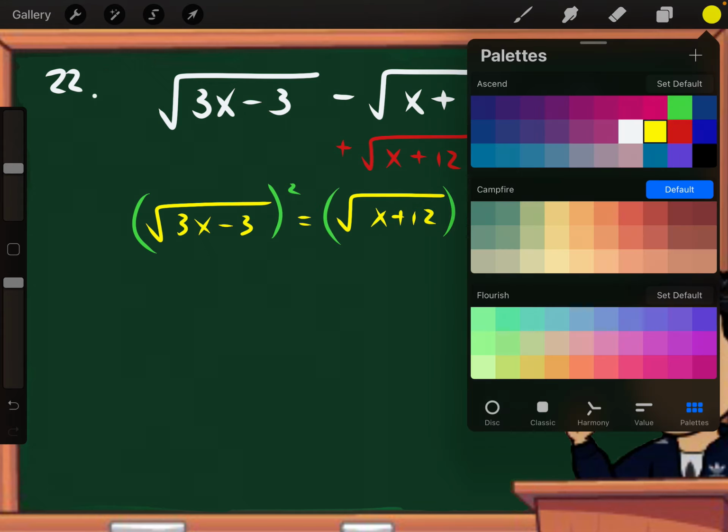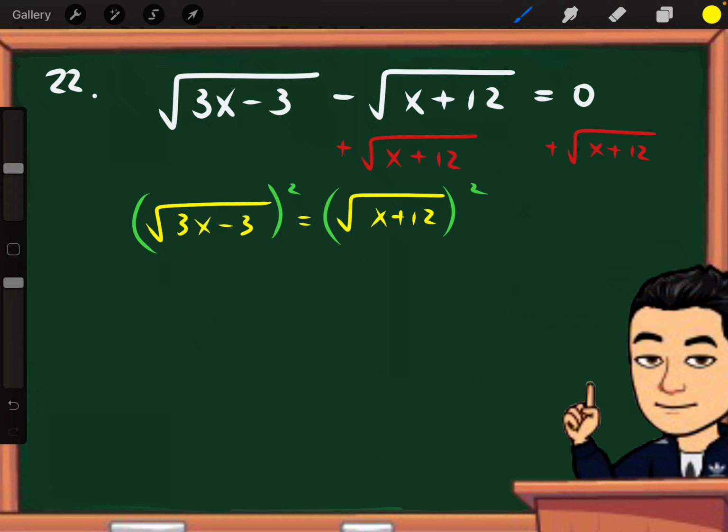Okay, so everything becomes a lot easier after this. You're going to get 3x minus 3 equals x plus 12. Okay, simple, right? So you're going to go ahead and subtract x on both sides. You're going to add 3 on both sides. And then you're going to get 2x equals 15. Divide by 2 on both sides, you're going to get x equals 15 over 2.